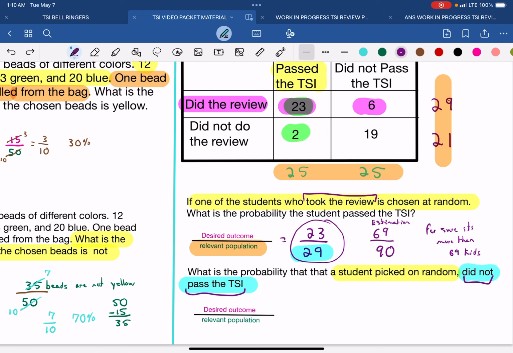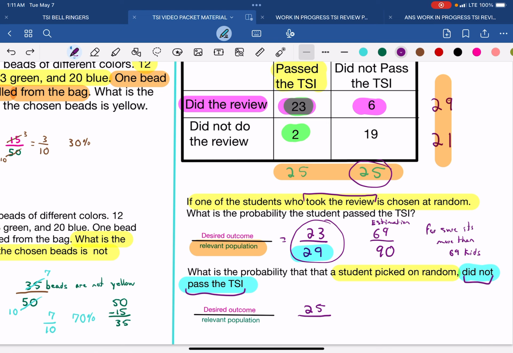How many kids did not pass the TSI? Six that did the review, 19 that did not do the review, for a total of what? 25. That would be my desired outcome.